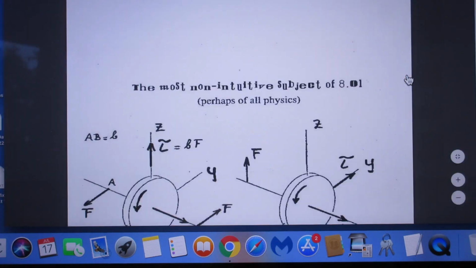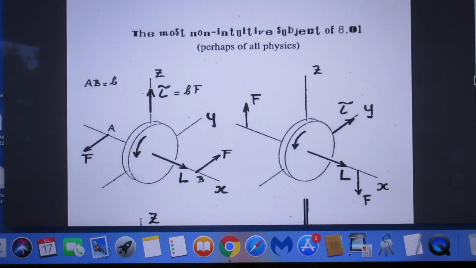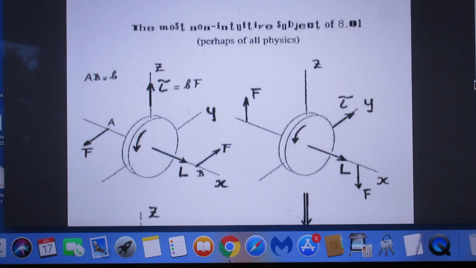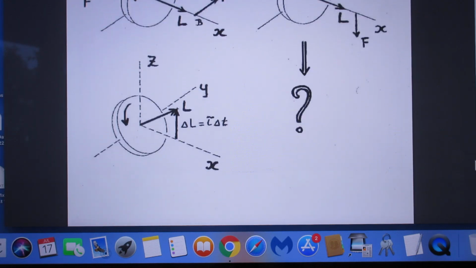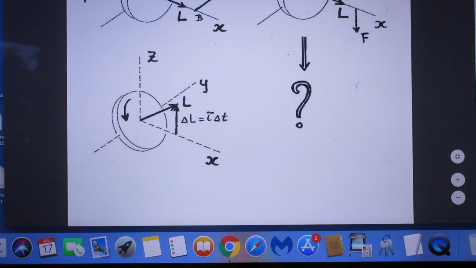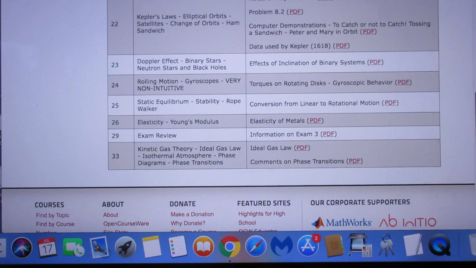I remember how hard I worked on this. Very non-intuitive lecture. Gyroscopes. So that was lecture 24.